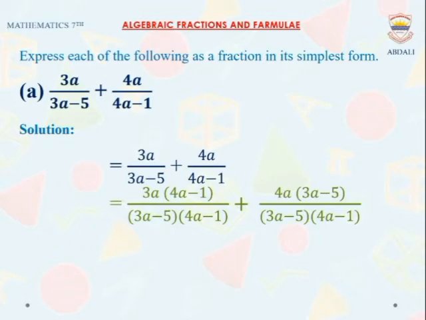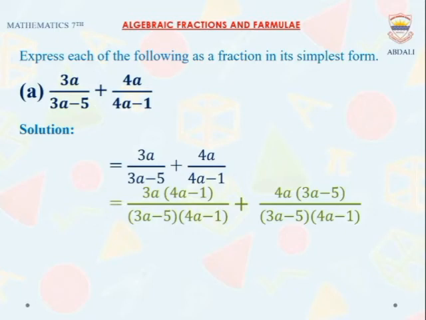Similarly, on the other side we multiplied the whole fraction with the denominator of the first fraction, which is 3a minus 5. Okay, so now we can see that our fractions are like fractions. We have done this step in order to make these fractions like fractions.